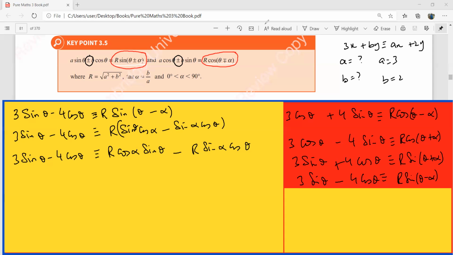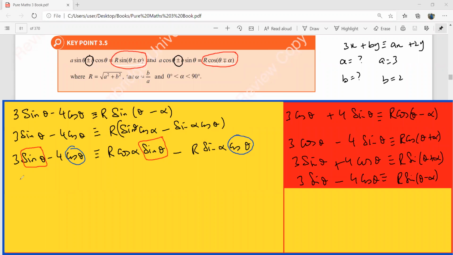Similarly, look at this, this is your sine theta over here, and this is your sine theta over here, and this one is your cos theta here, and this one is your cos theta over here. So if we compare the coefficients of sine theta and cos theta, see what do we have?